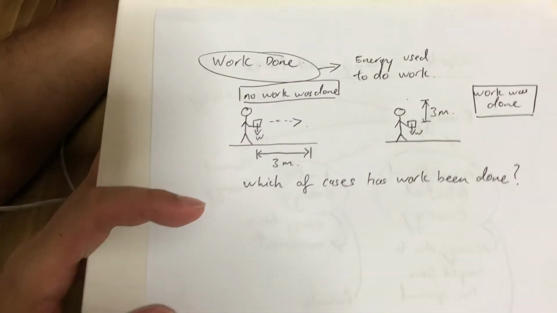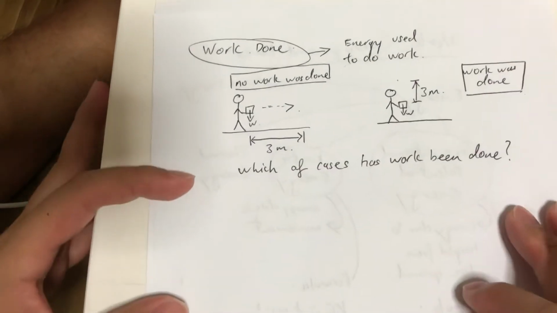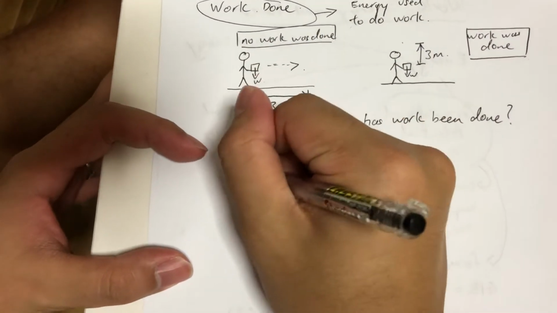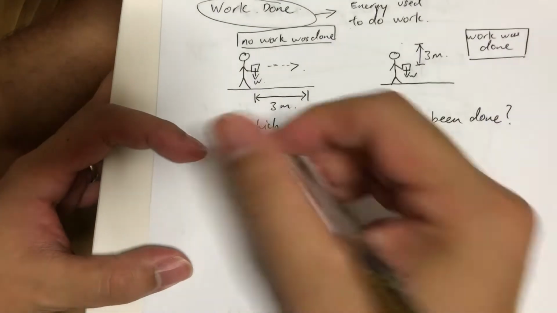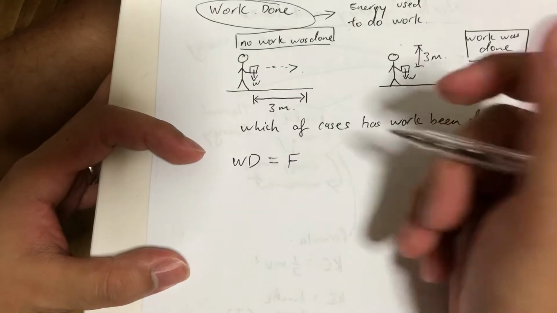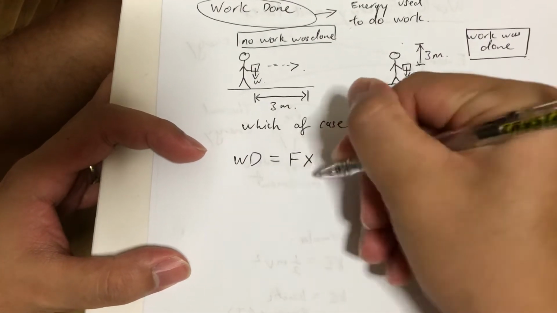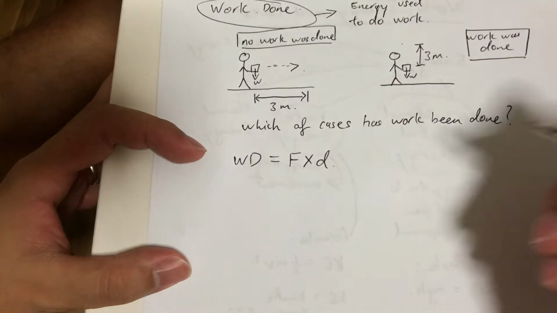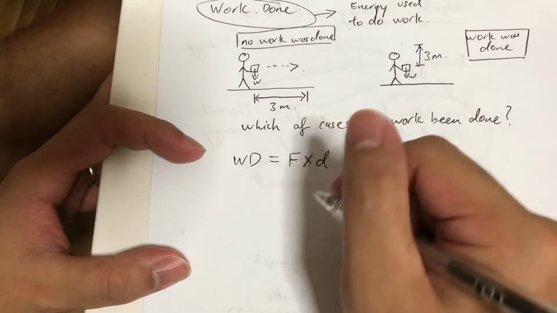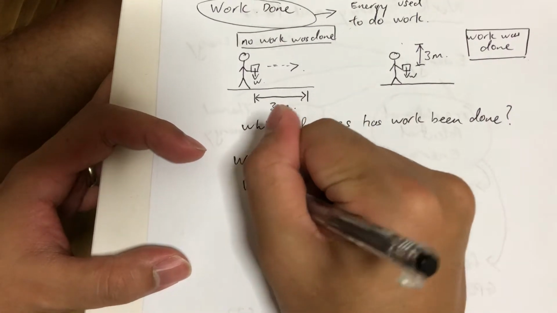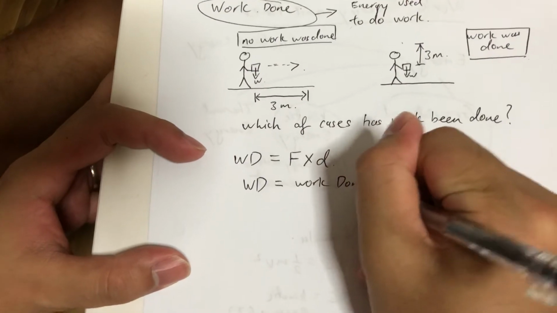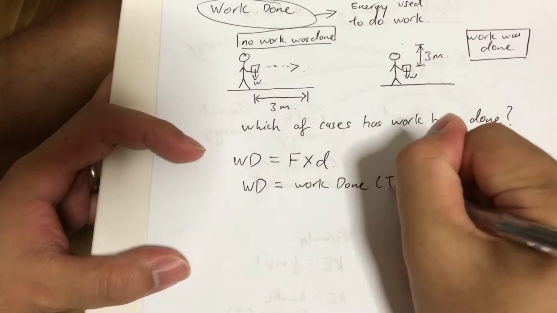How did it happen? Let's go back to the formula for work done. Work done, short form WD, is defined as the product of the force and its distance traveled. But there's a special condition for the force and distance. I'm going to list out the things as well. WD here is work done, and work done is a type of energy as well, so the unit is joules.